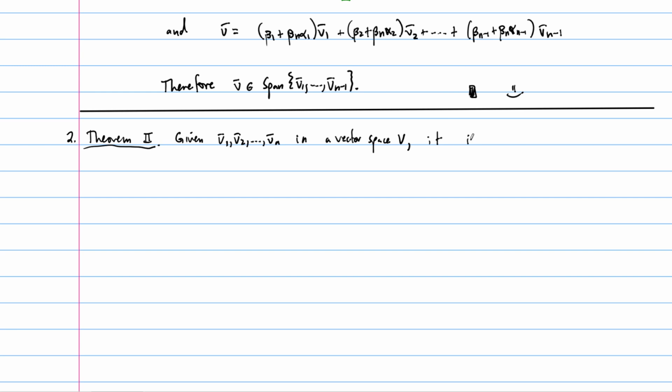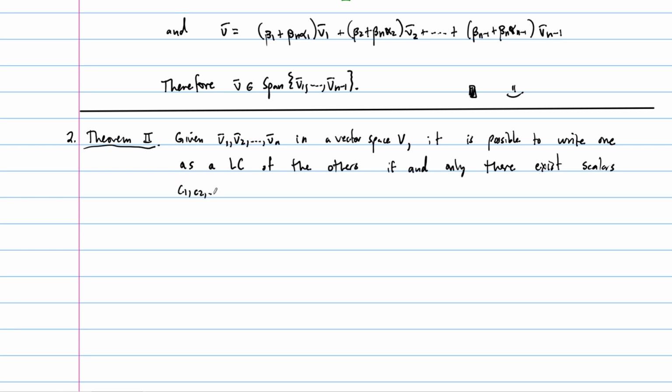Here's the answer: it is possible to write one of these as a linear combination of the others if and only if there exist scalars that satisfy the following properties. There are going to be n scalars now.